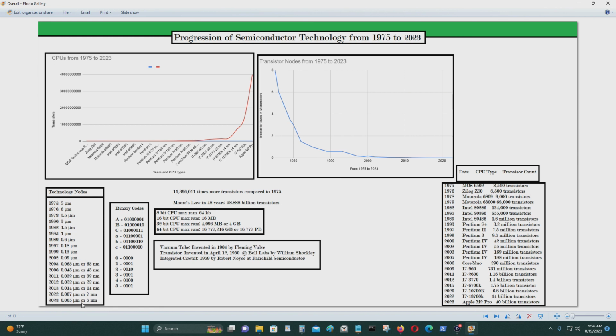I don't know how much they could shrink a process down to. Maybe they could shrink it down to 1 nanometer. After nanometers, I think it's, whatever, what's after nano? Is it pico? I'm not sure. Yeah, maybe they could shrink it down more, but that's pretty darn small.